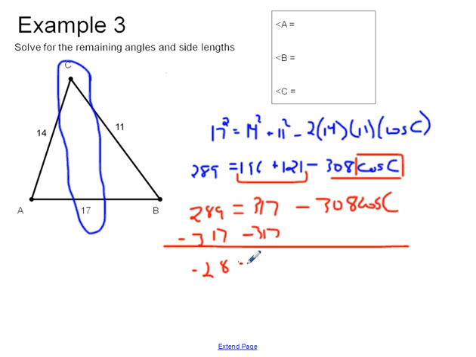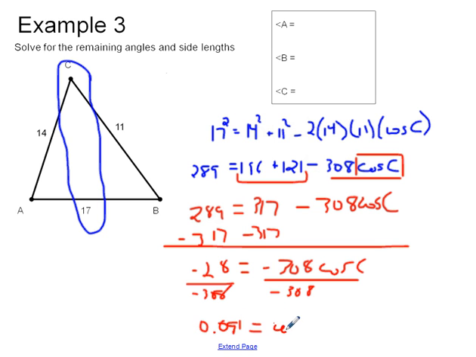Negative 28 equals negative 308 cosine of C. Divide by negative 308, and that will give us 0.091 equals the cosine of C. So then we take the cosine inverse. C equals 84.78 degrees.